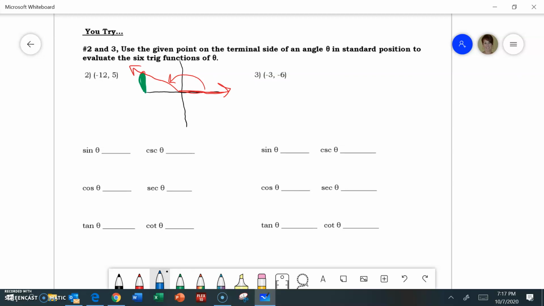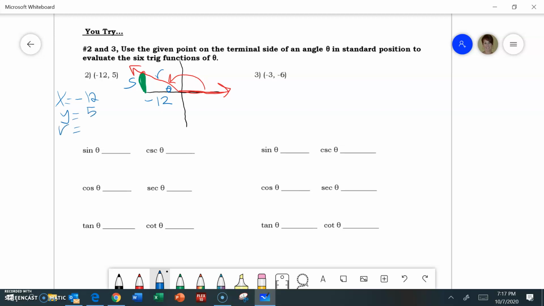Now, what we did is this means that we went to the left -12 and we went up 5. So we now have the opposite and adjacent. If this is our theta, okay, and then this would be our radius. So right now we know that our x-coordinate is -12, our y-coordinate is 5, but we need our radius.